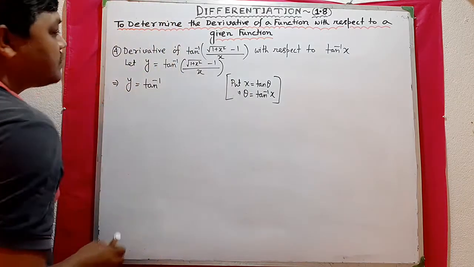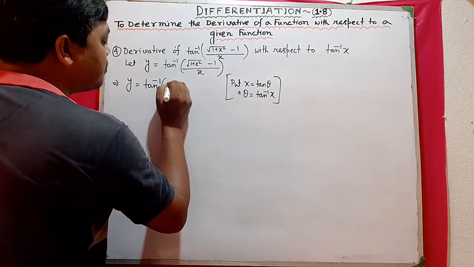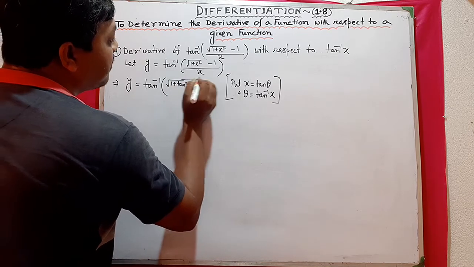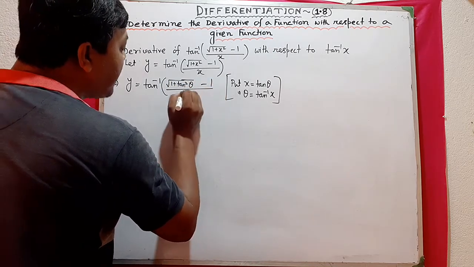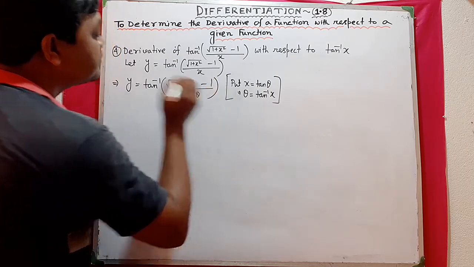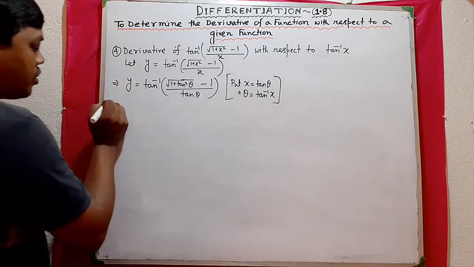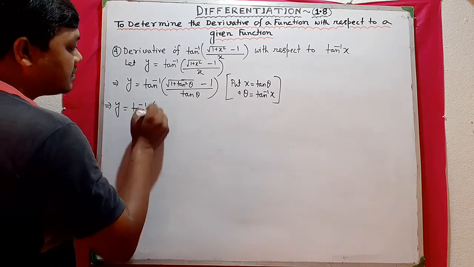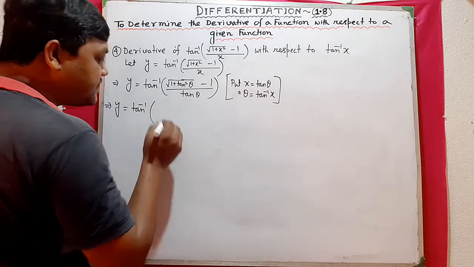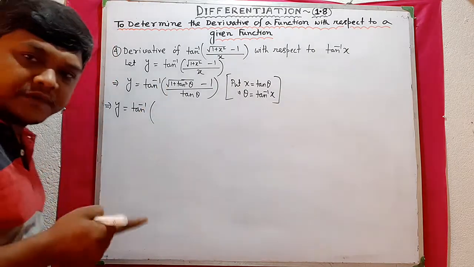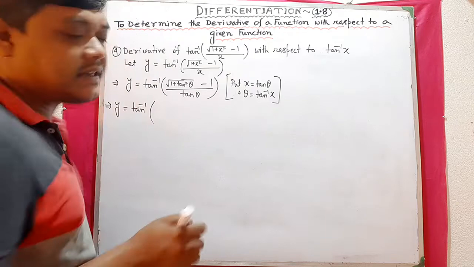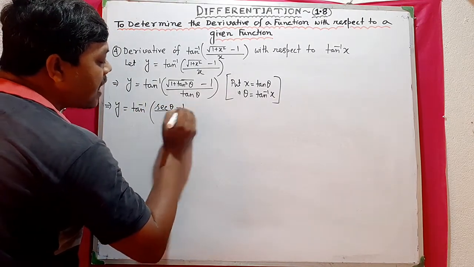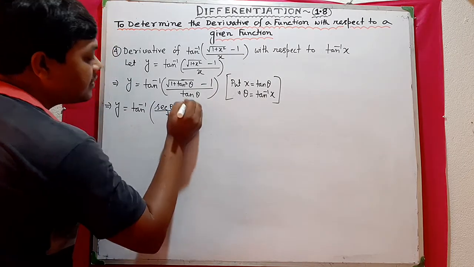So put x equals tan theta, so that gives root over 1 plus tan square theta minus 1 by tan theta. So this implies y equals tan inverse, this is 1 plus tan square theta, that is sec square theta, and square root of sec square theta gives sec theta. So that gives sec theta minus 1 by tan theta. Alright?